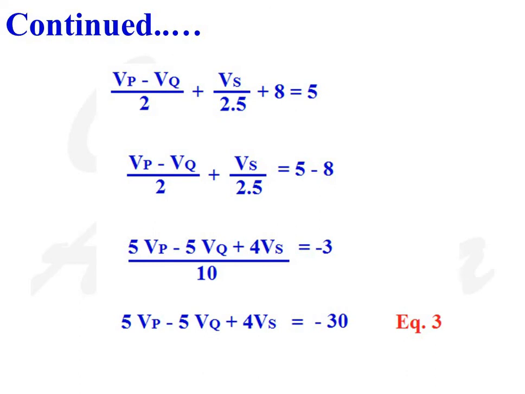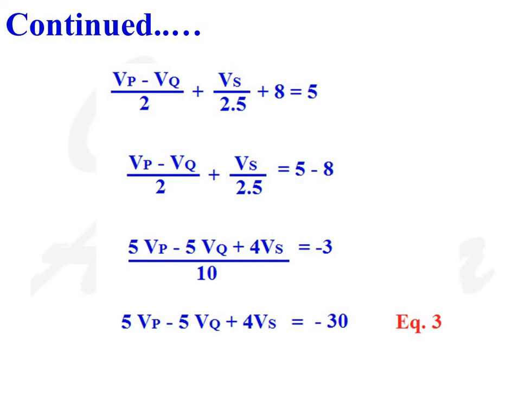Vp minus Vq divided by 2 plus Vs by 2.5 is equal to 5 minus 8. Taking 10 as the LCM, 5 Vp minus 5 Vq plus 4 Vs the whole divided by 10 is equal to minus 3. Rearranging the terms, we will get 5 Vp minus 5 Vq plus 4 Vs is equal to minus 30, equation number 3.